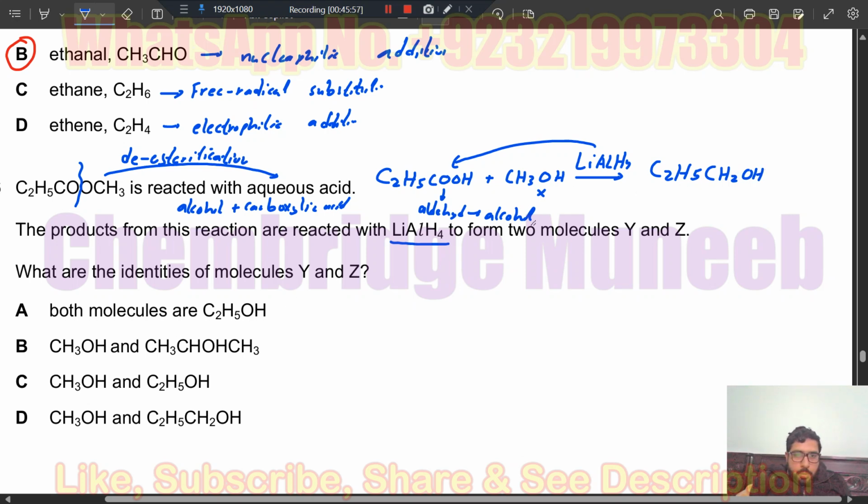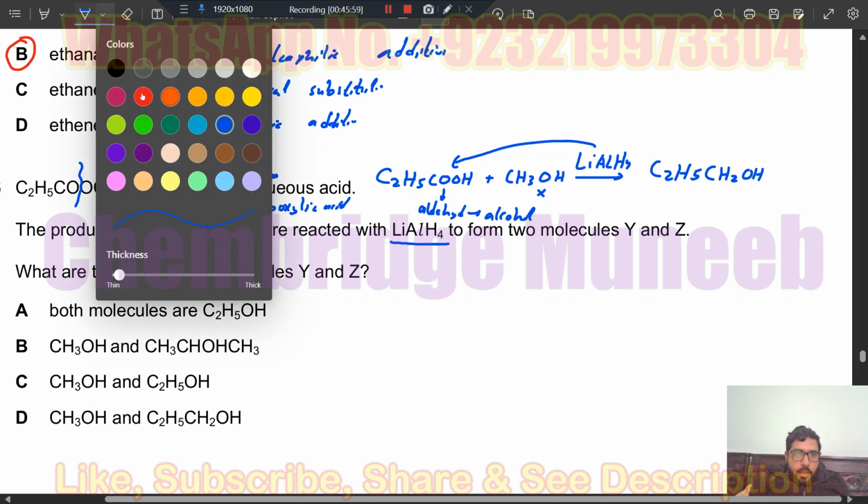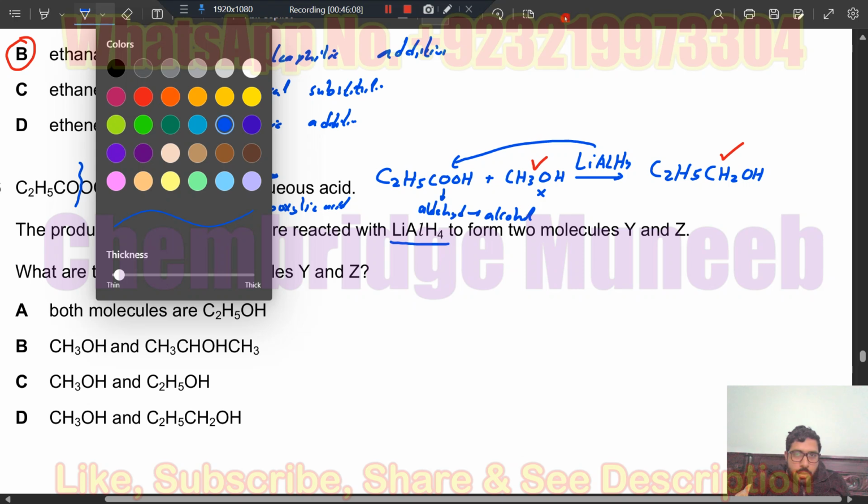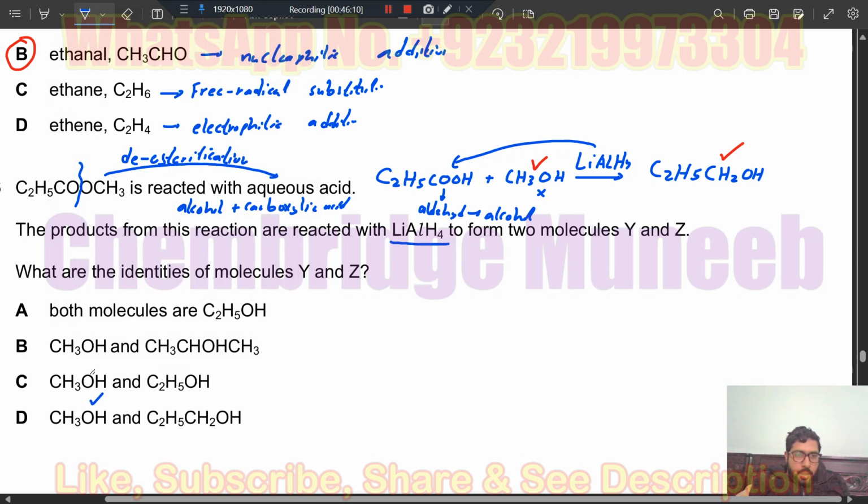So we will look for the products. We now have these products formed as a result of this reaction. We have this propanol and we have this methanol. So methanol is present here, it is present here, it is also present here, and the other alcohol is propanol.